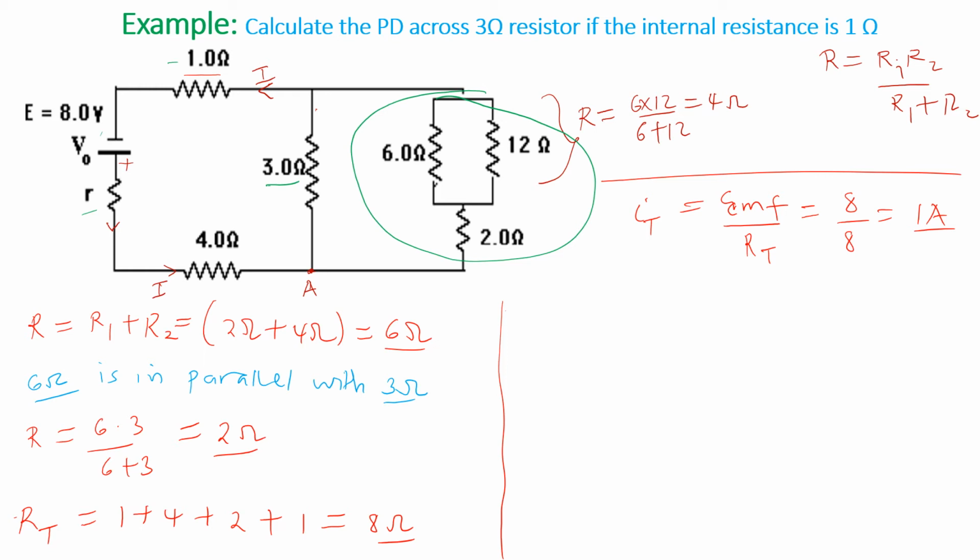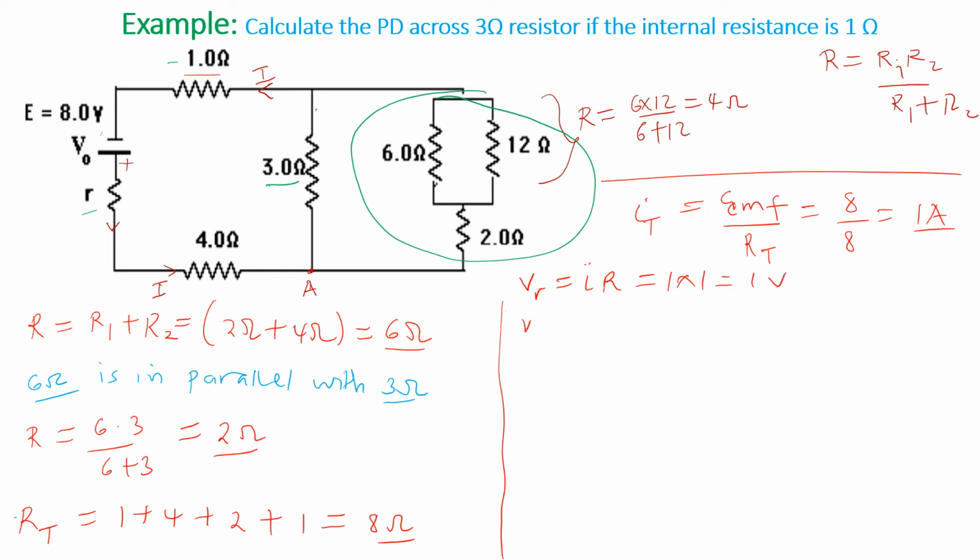Okay, so let's see. The PD across R, which is the internal resistance, is going to be I times R. I, the total current through the internal resistance, is the total current in the circuit, which is 1, multiplied by the internal resistance, which is 1, so that is 1 volt.